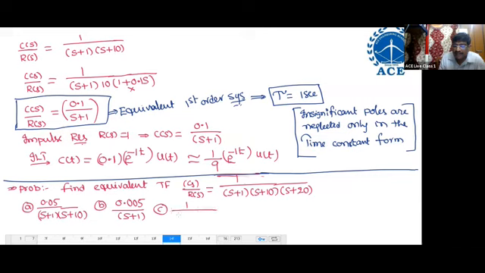Option C, 1 by (S plus 1)(S plus 10). Option D, 1 by S plus 1. What is the answer? Anybody? B. Very good. B is the answer.